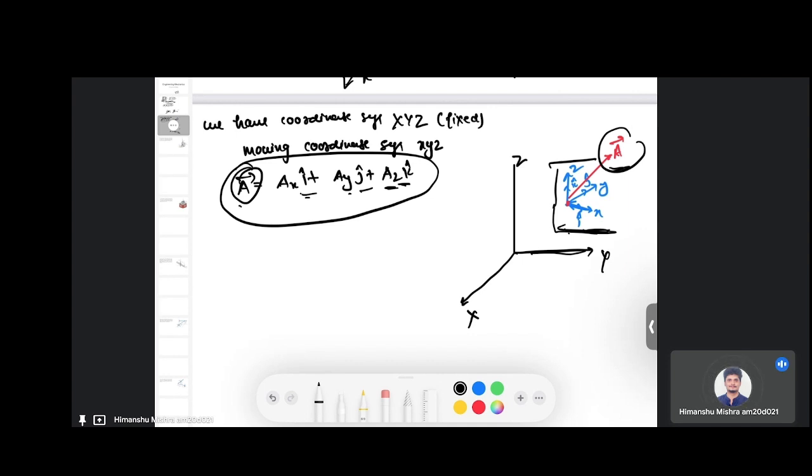So as vector A is changing in time, this moving frame is also changing in time with some other angular velocity. Vector A is moving, moving frame is also moving, both are moving, and we have defined this vector with respect to the moving frame.